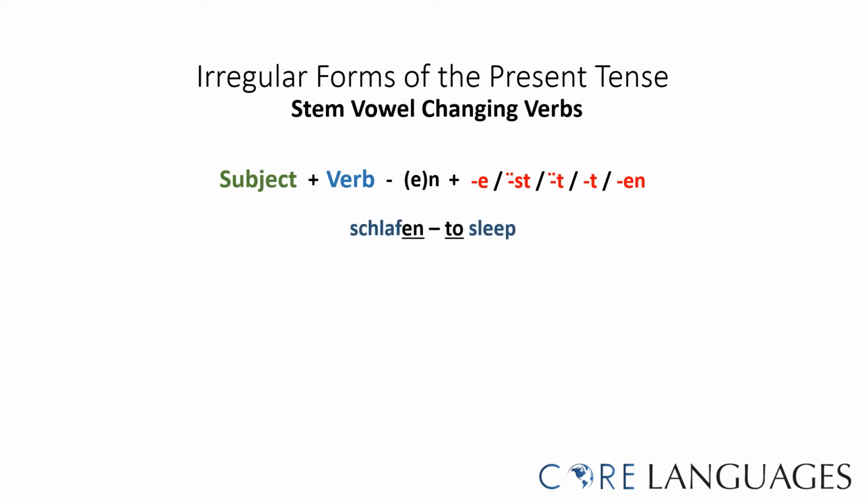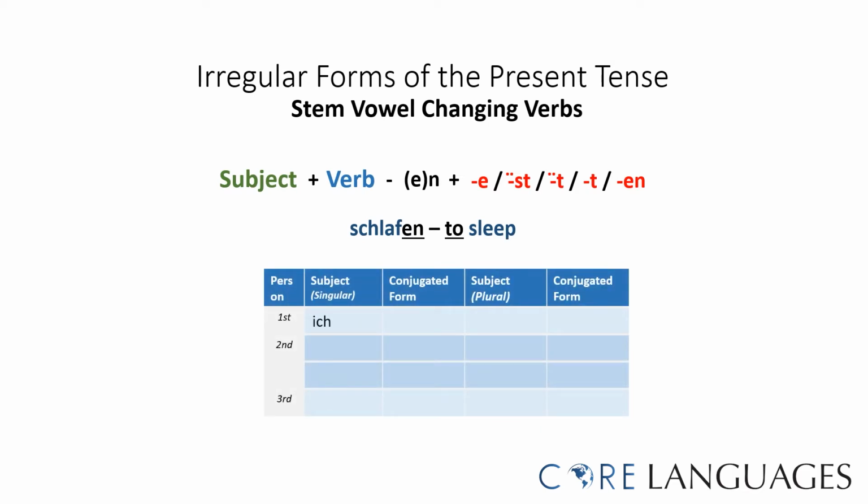The verb schlafen, for example, is an example of an irregular verb because it has a vowel change. Here's how it conjugates. Ich schlafe, du schläfst. The A changed to an Ä.